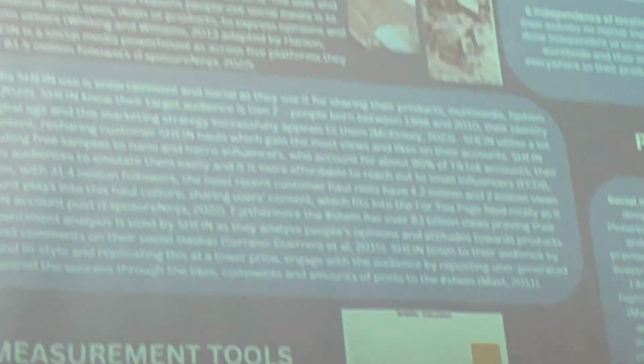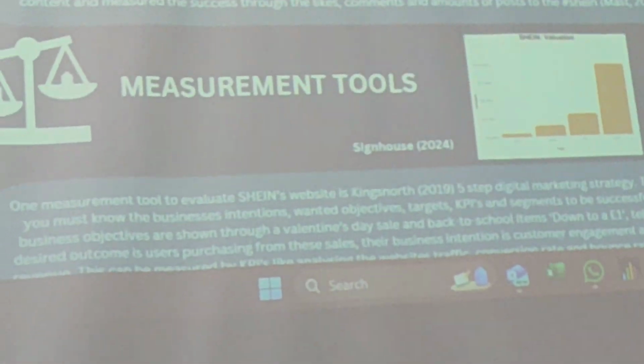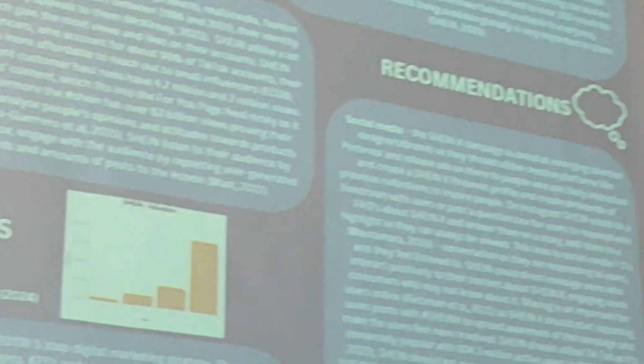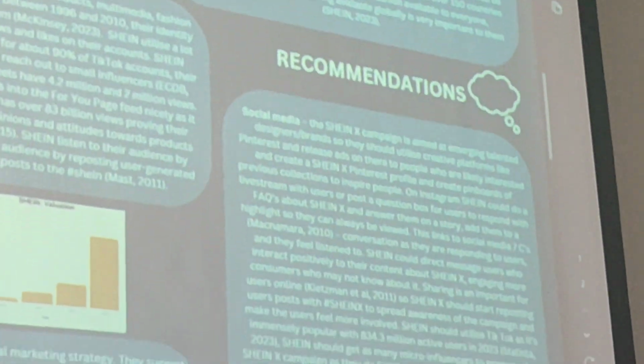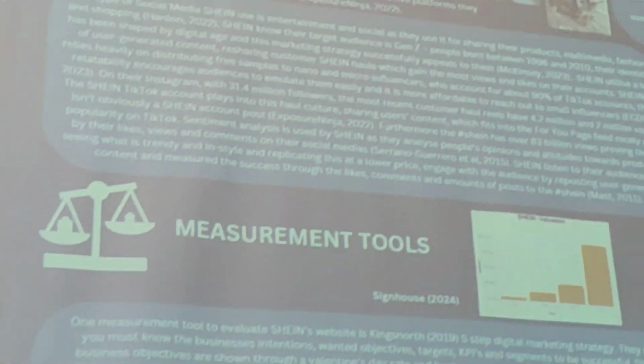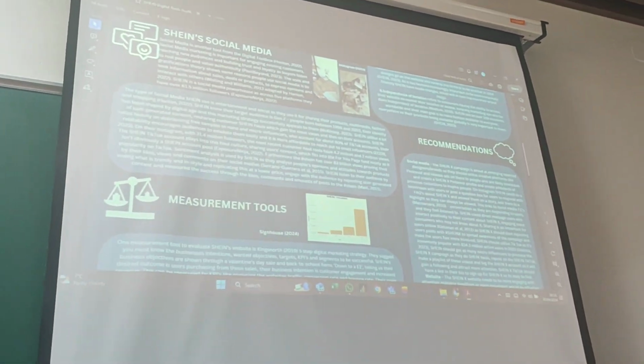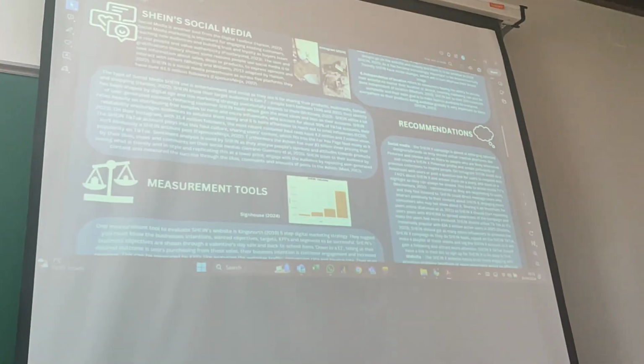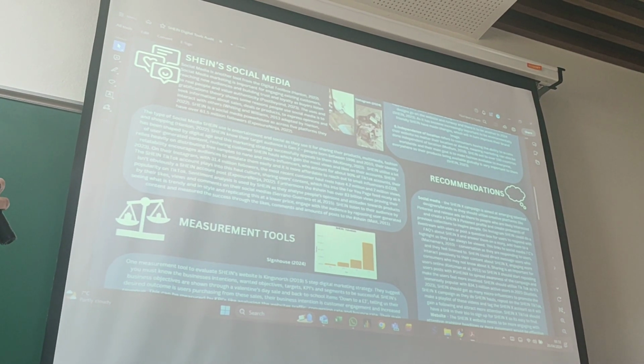Across 5 platforms, they have over 61.5 million followers. So if you're doing social media, definitely look across all of their social media, see how many followers they get, and also maybe focus in on a couple of different types of posts and see how much engagement they get. You can compare those across different platforms and different types of campaigns.